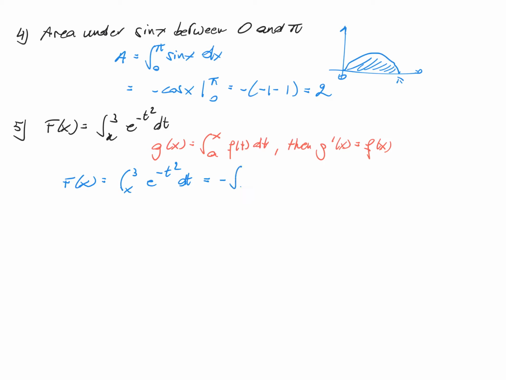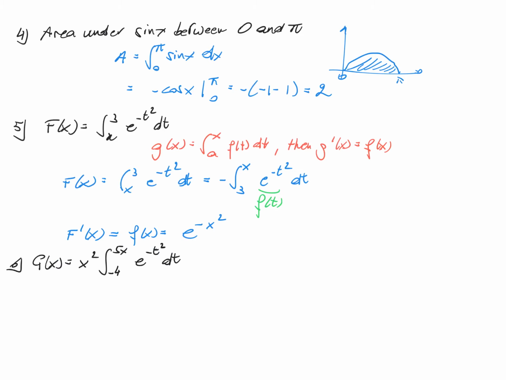So this is minus the integral from 3 to x of e to the minus t squared dt. This is my function f of t. And so if we look at the derivative of capital F, which is now the g prime in the red formula, this is just f of x. So this is e to the minus x squared.